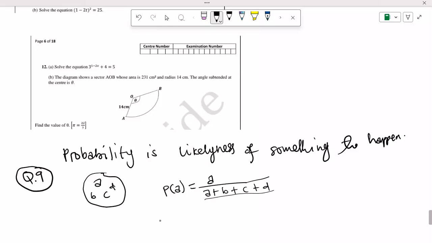Okay, so I don't want to use any formula, just want to keep it simple. So the formula is that particular value over total probability.